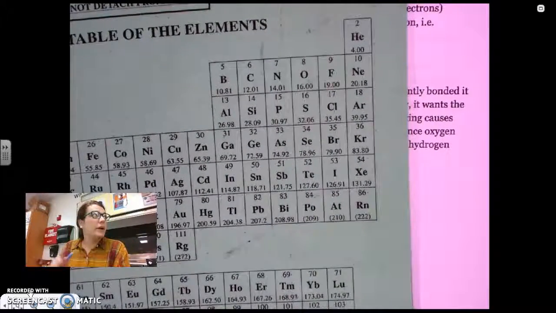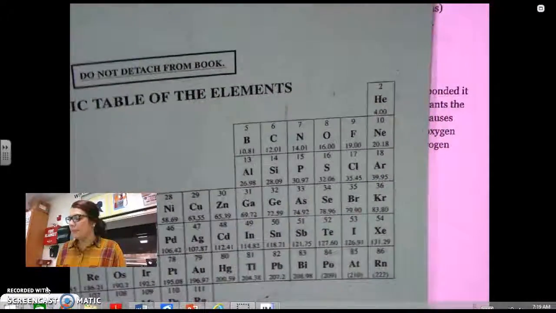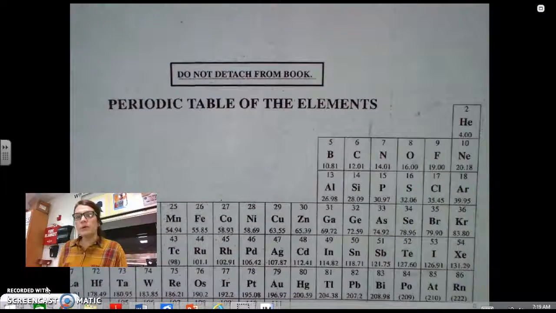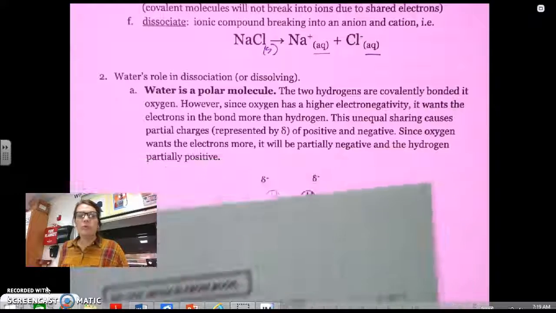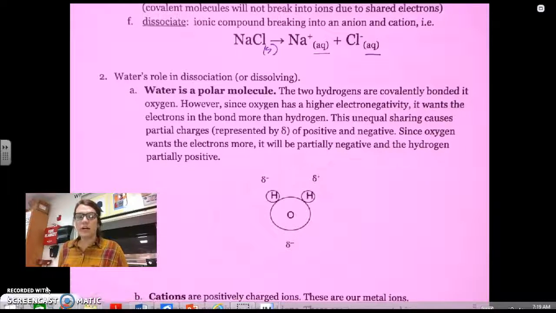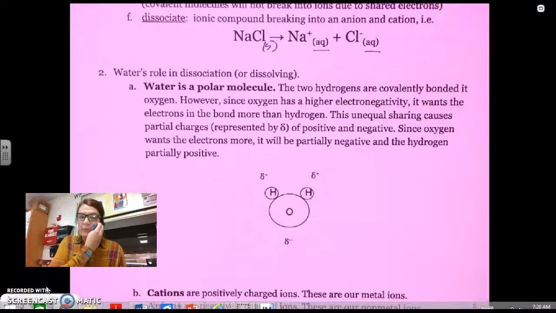And if we remember, fluorine has the highest electronegativity at 4.0. Okay, so everything else kind of falls underneath that 4.0. So if we're going to be talking about water as a polar molecule, okay, we have to remember what water looks like. Water is oxygen with 2 hydrogens attached to it, okay?